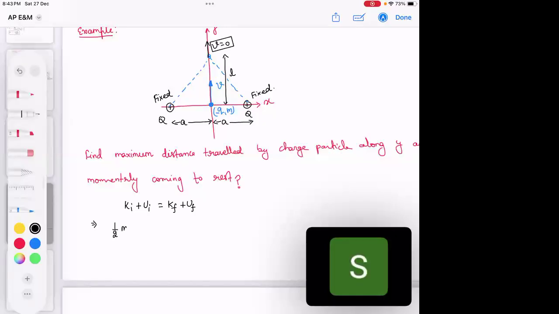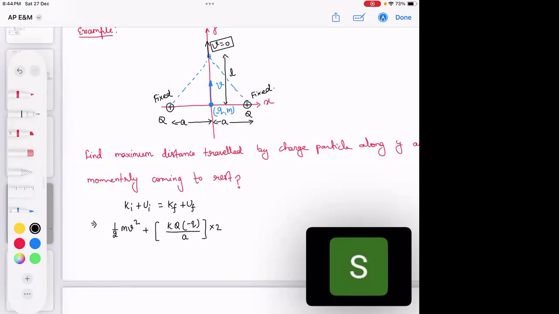So please tell me, what is the initial kinetic energy of this particle? Is it half mv square? Plus the potential energy, which is k Q into minus q by a, into 2.